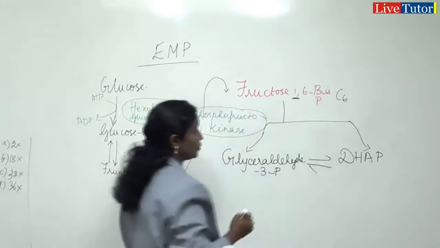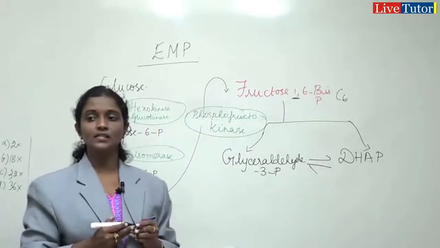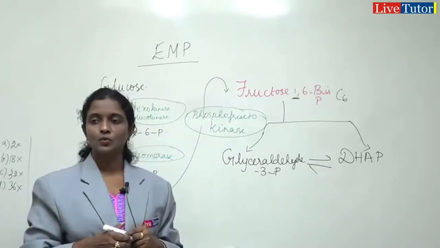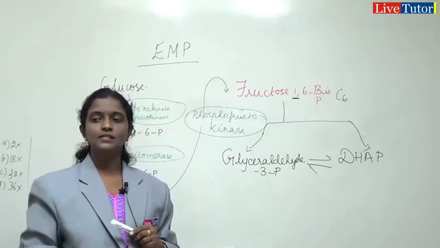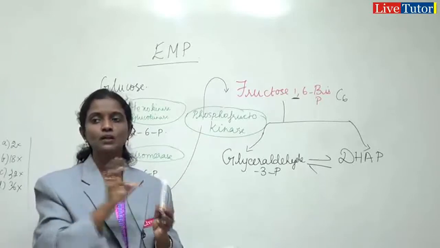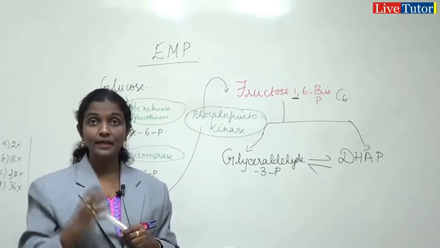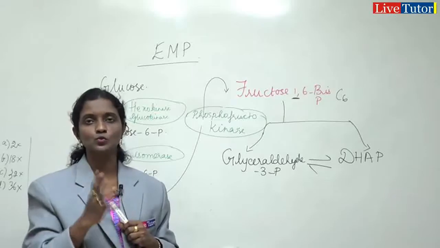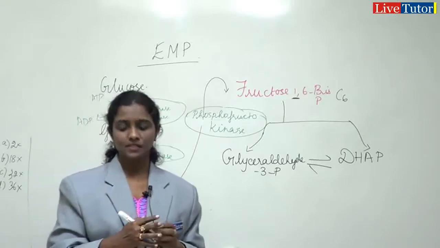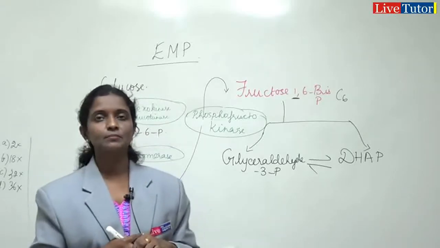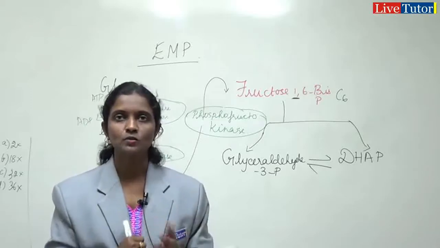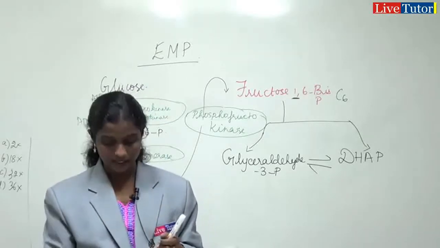What is the enzyme which can break one bigger 6 carbon molecule into 2 smaller 3 carbon sugars?